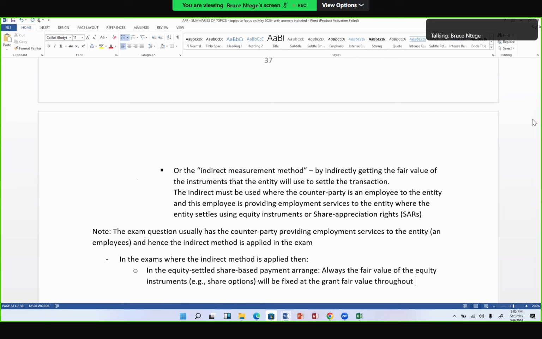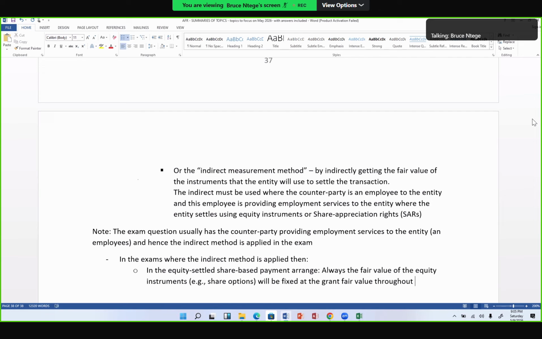Okay. What if it's cash settled? First, the only change that will happen in an equity settled share-based payment arrangement will be the number of counterparties or employees that will eventually qualify and get these share options granted to them.